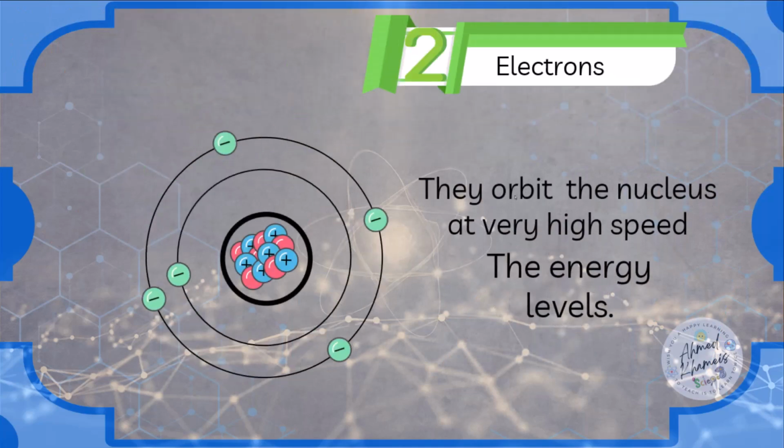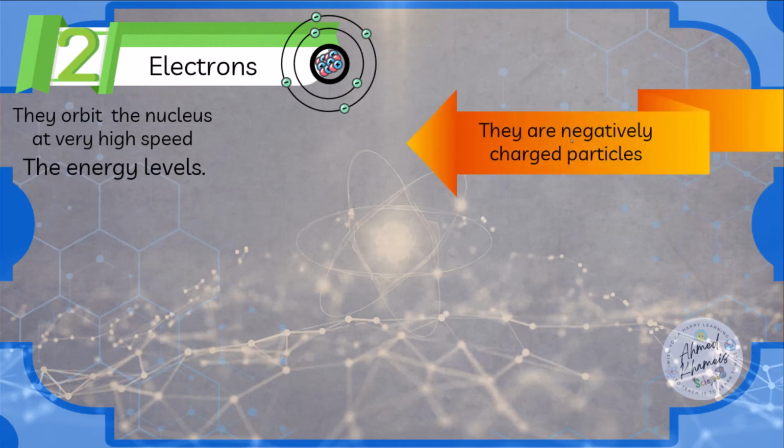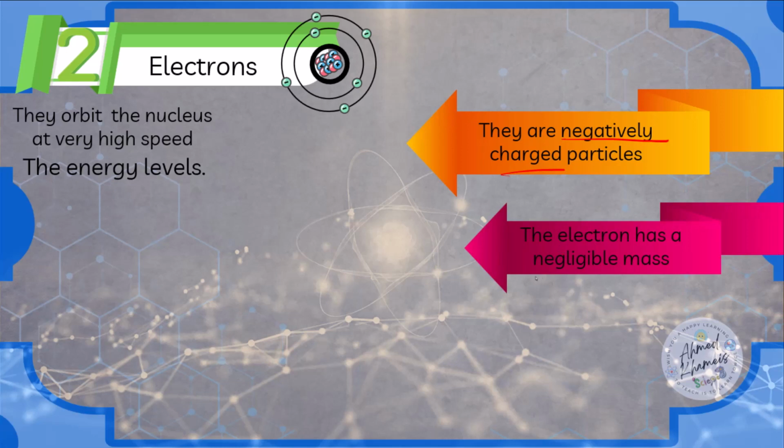Second, the electrons are tiny particles that revolve at a high speed around the nucleus in an area we call energy level. And they are negatively charged particles. They have negligible mass. We neglect their mass because it's so tiny.